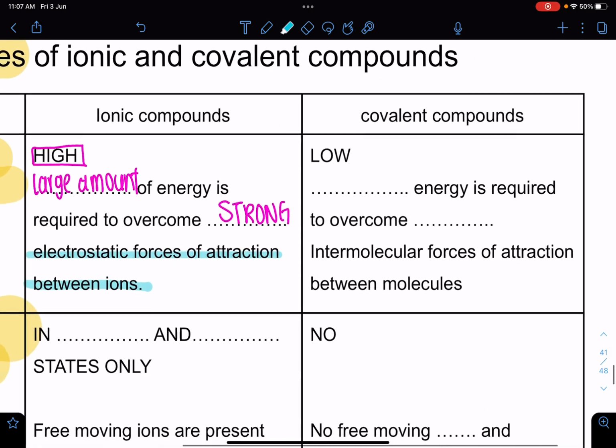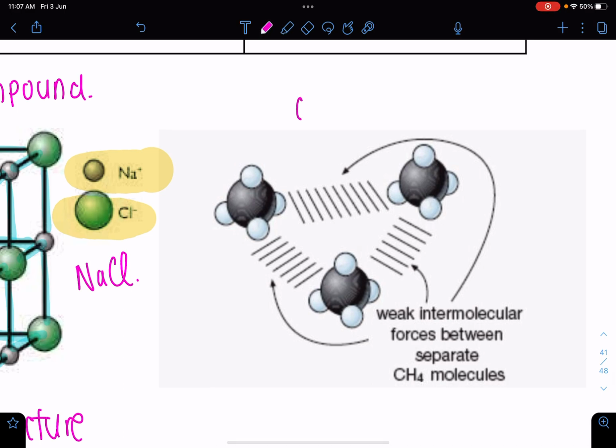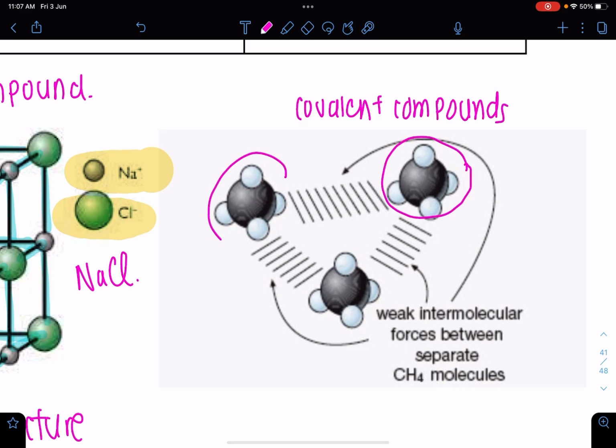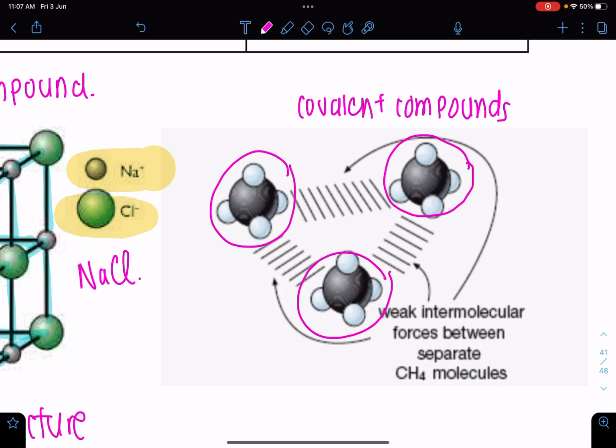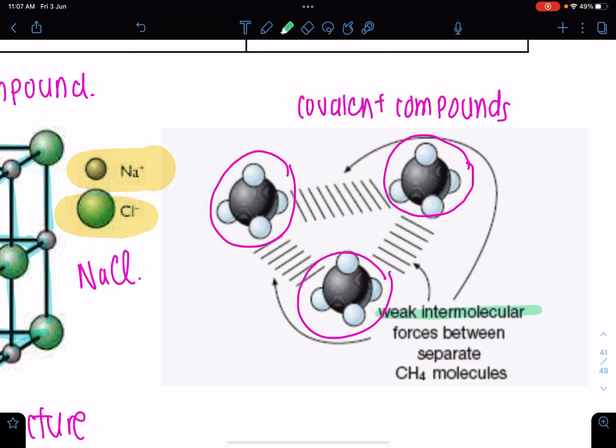What about for covalent compounds? For covalent compounds, if you take a look at this diagram here, in between each of the covalent compounds, so this is one covalent compound, 2 and 3, there are actually only very weak intermolecular forces, right?